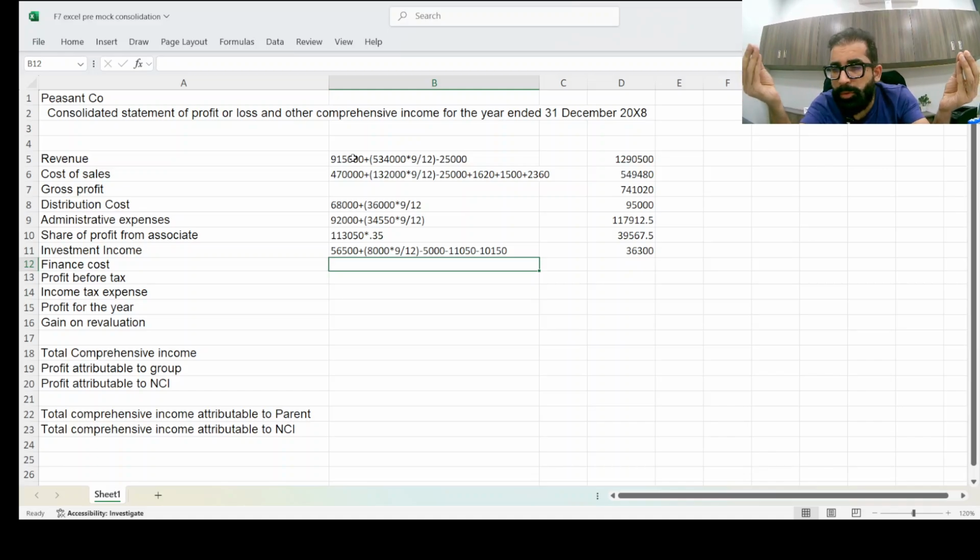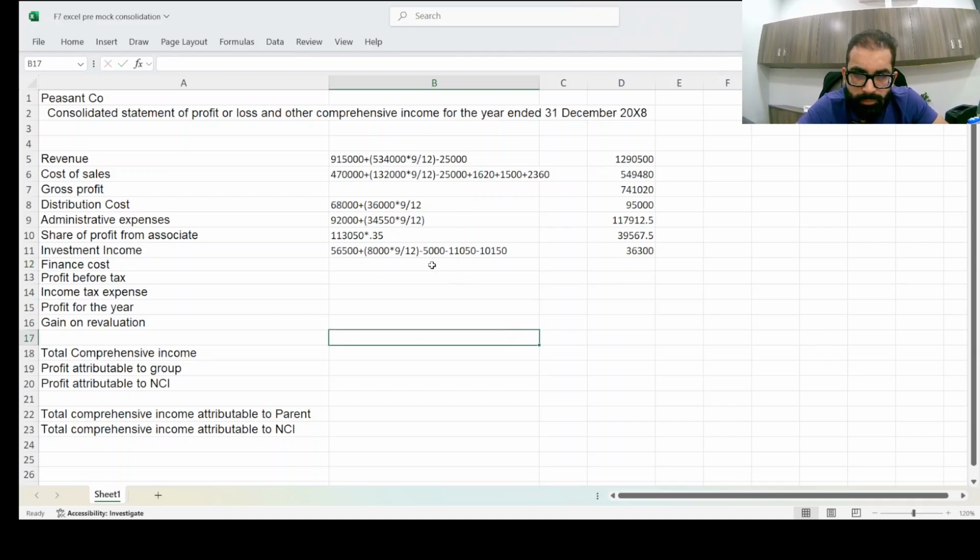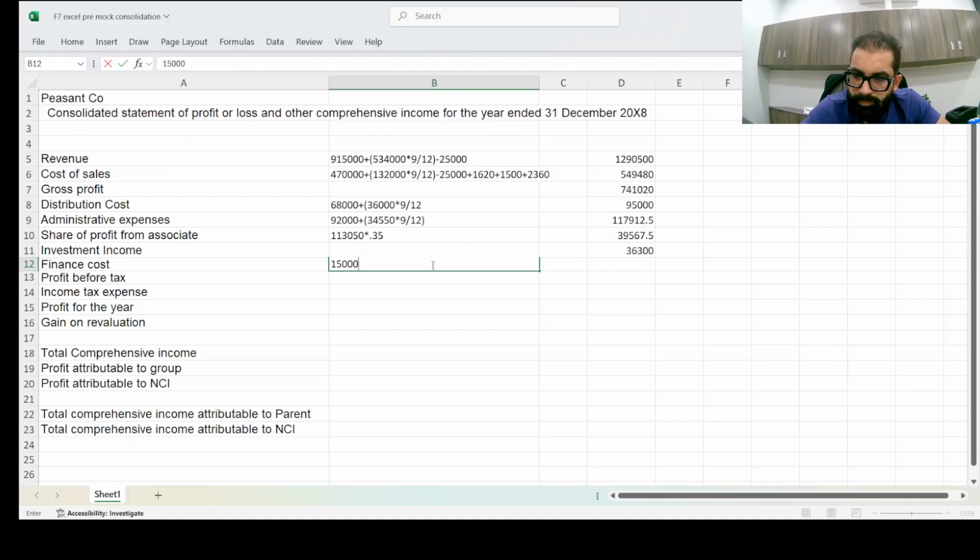Okay, now then you have finance cost. Parent company's finance income is purely independent, 15,000 plus. Now for subsidiary, use your brain. Out of 13,000, 5,000 was purely intercompany, so remove it: 13,000 minus 5,000, and then do 9 divided by 12.